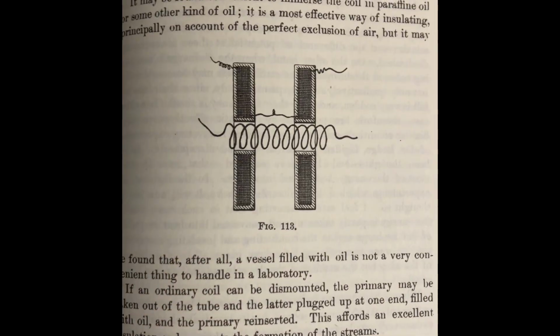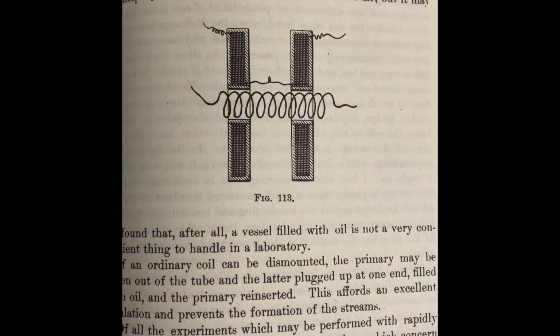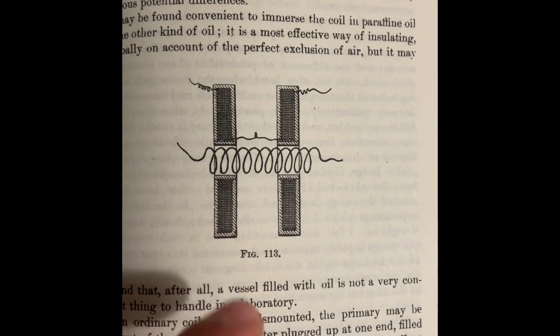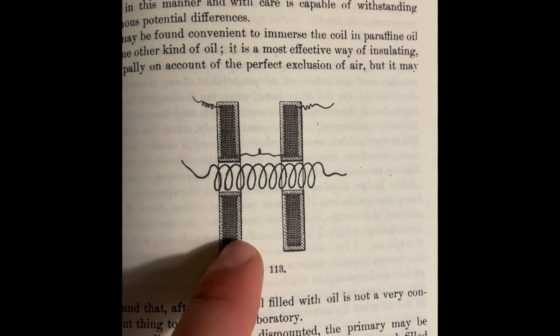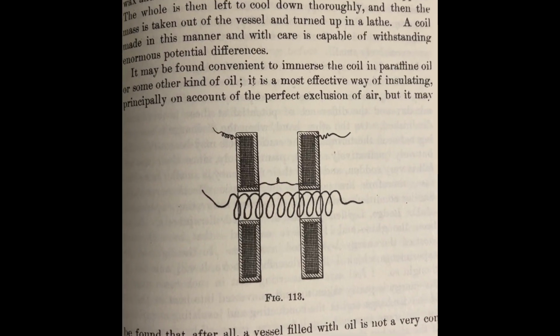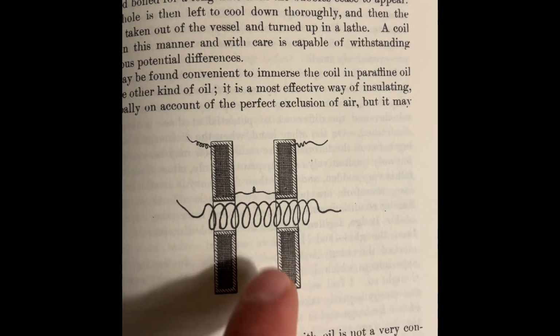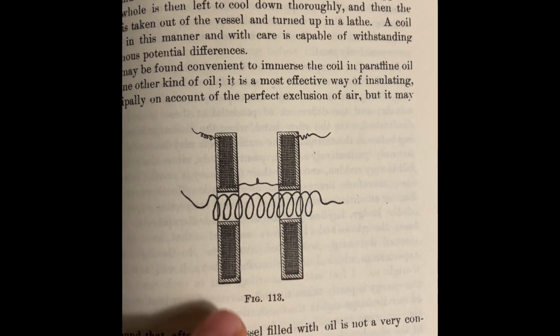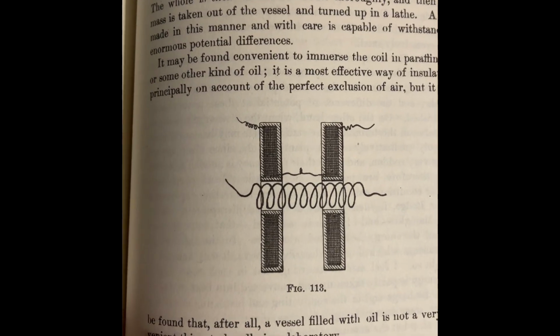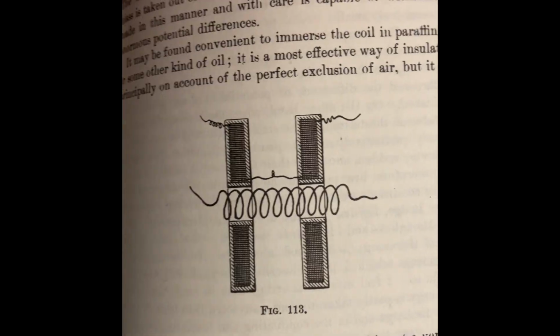But it basically has to do with preventing any unnecessary arcing or discharges which occur internal to the coil. You basically want all of your energy to be showing up on your two output terminals, and you don't want any energy to be stuck inside of the coil or lost inside of the coil. That's something you want to minimize as much as possible to get the strongest output effects.